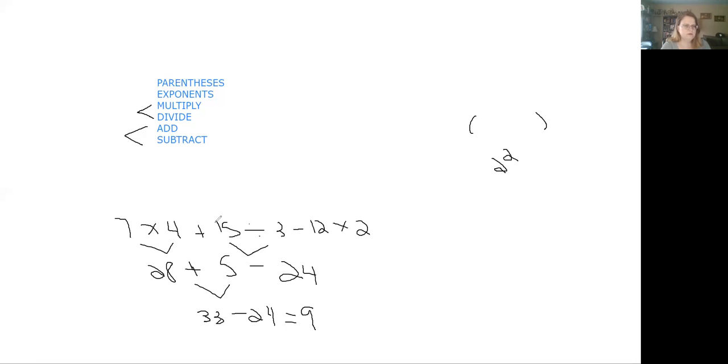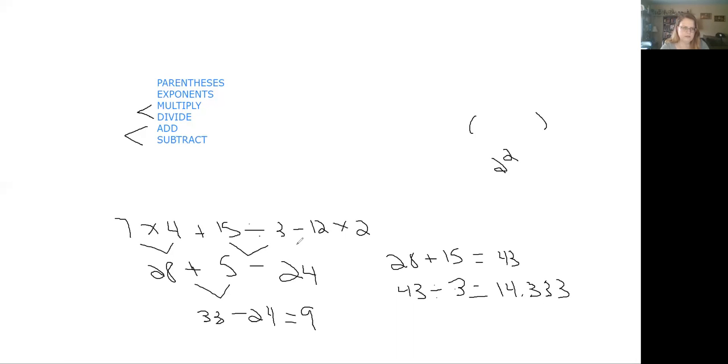Okay, to give you an idea of what would happen if I had just solved this going left to right. Our 7 times 4 would still have given us 28. Then if we had added that 15 right away, 28 plus 15 will give us 43. And then 43 divided by 3 would give us a decimal. 43 divided by 3 is going to give us 14.333.